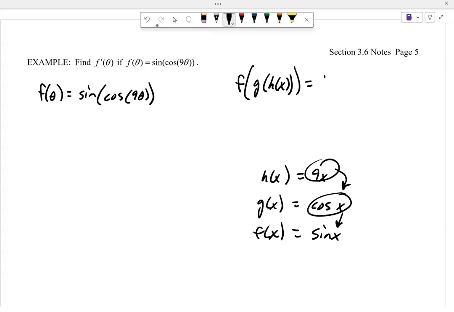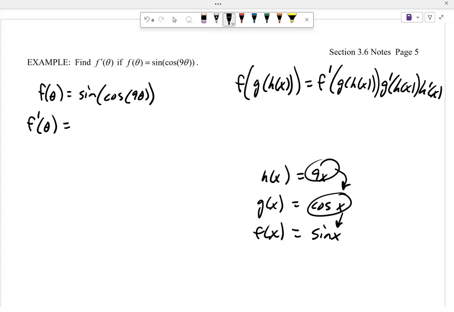So when you take its derivative, it'll be f prime of g of h, times g prime of h, and then you got to go h prime. So what's the derivative of the sine?